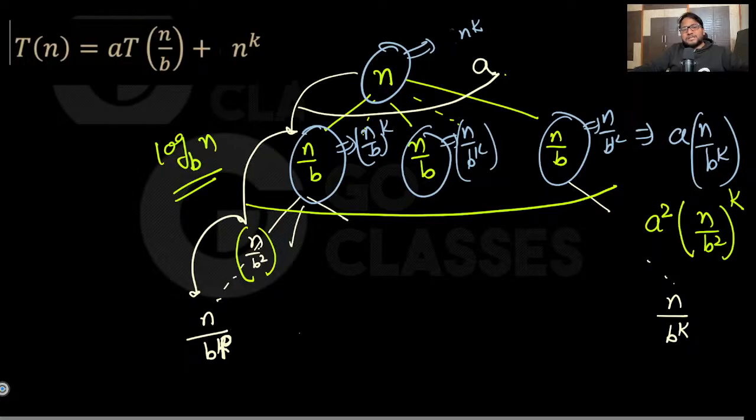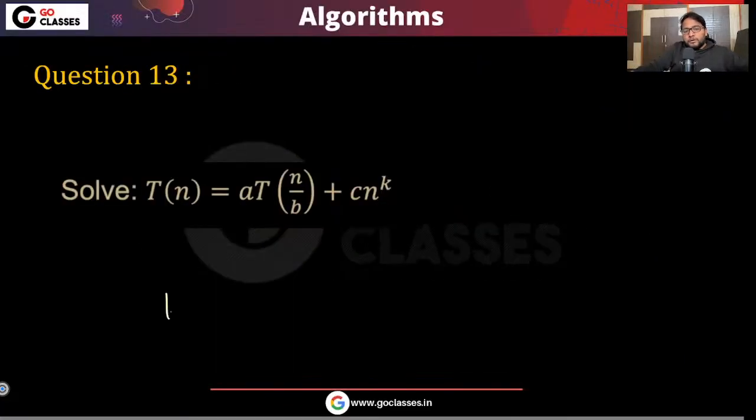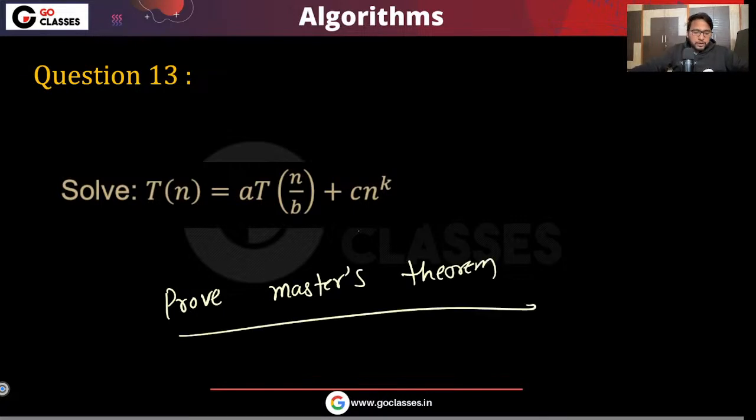Just see this recurrence. This is going to be the question where we are going to prove Master's theorem, using this particular recurrence. I mean, the idea will be clear at least to you.